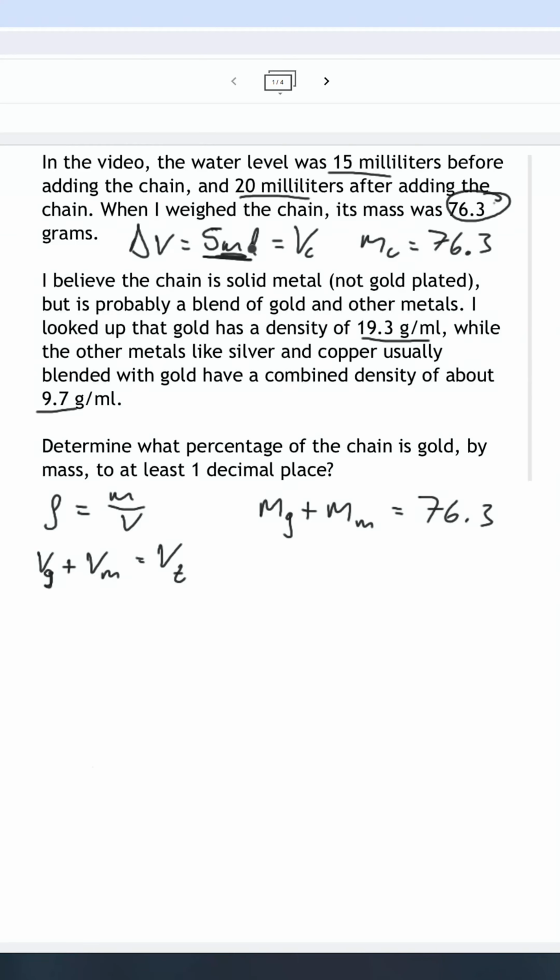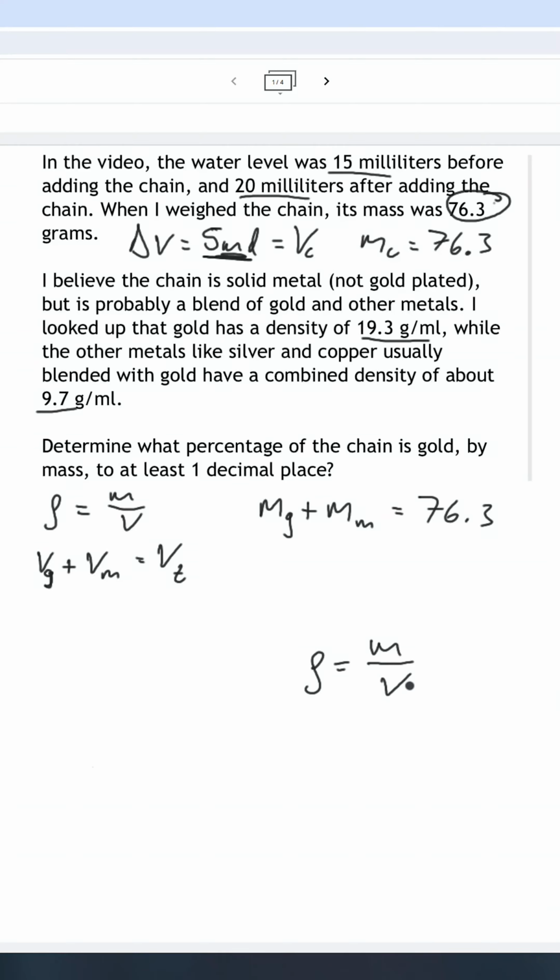So that's why we want to use the volume. And also because if we change the subject in this equation of density, right? So, I don't have enough space on this one. So let's do it over here and I'll erase it in a while. So density equals mass over volume.